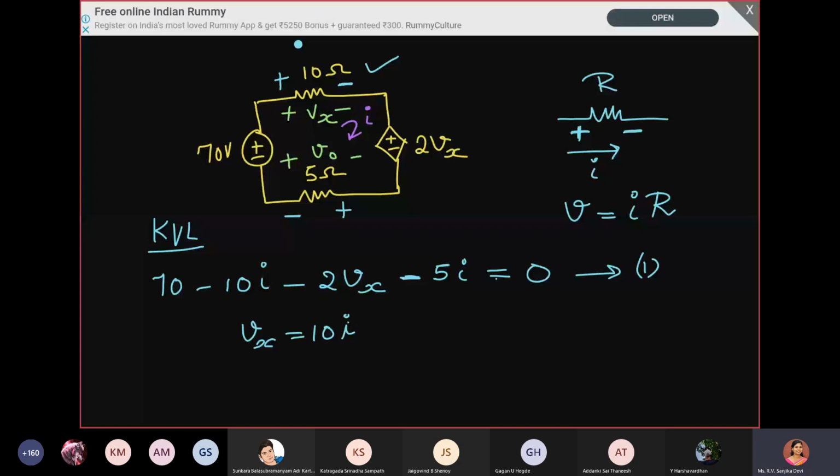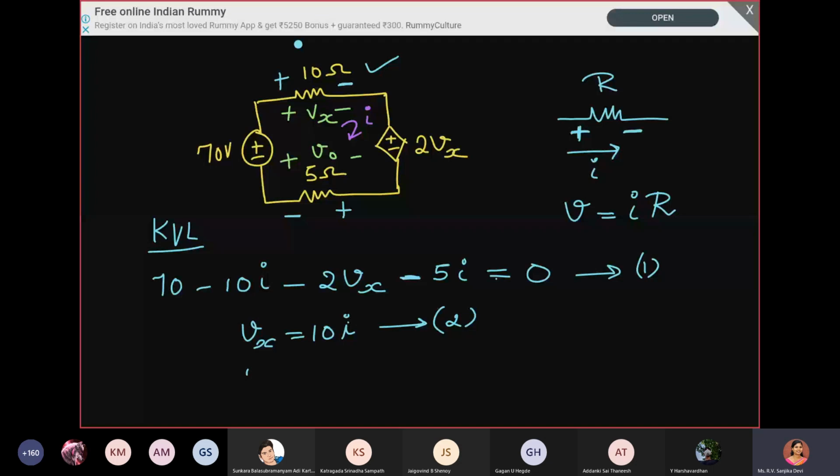As for the V0 part, the polarity they have given in the numerical and the polarity we have assumed with respect to the current direction are opposite. So what we have to do is write that the polarity they have given is opposite to what we are following. So we have to write V0 is equal to minus 5I.